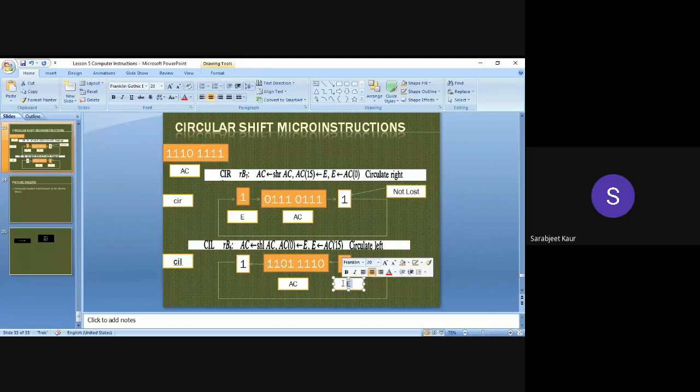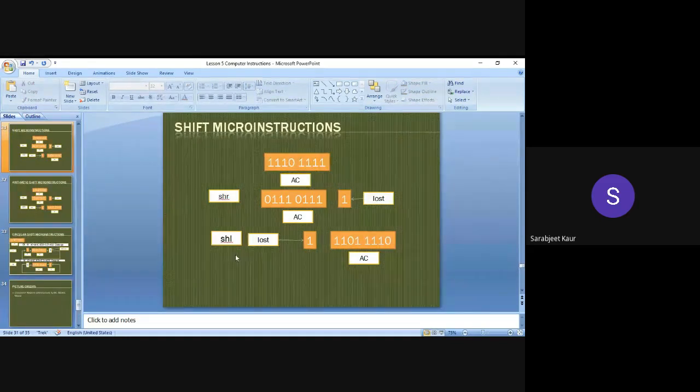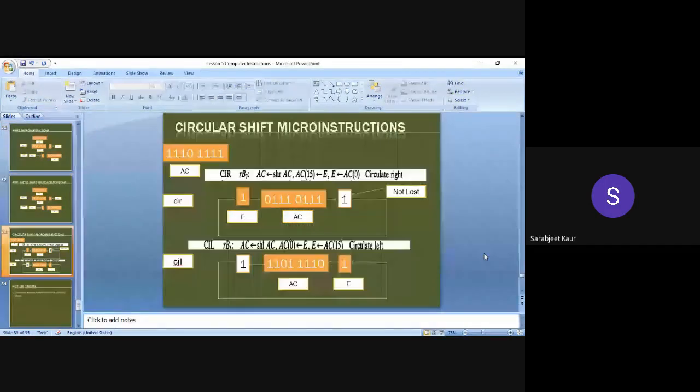So I apply the normal shift left operation on the AC, so that every bit starts going one bit to the left, and then the E bit is made free by shifting it to AC 0 this time.